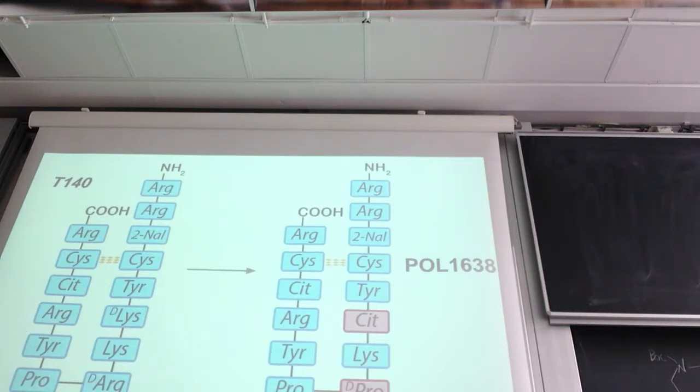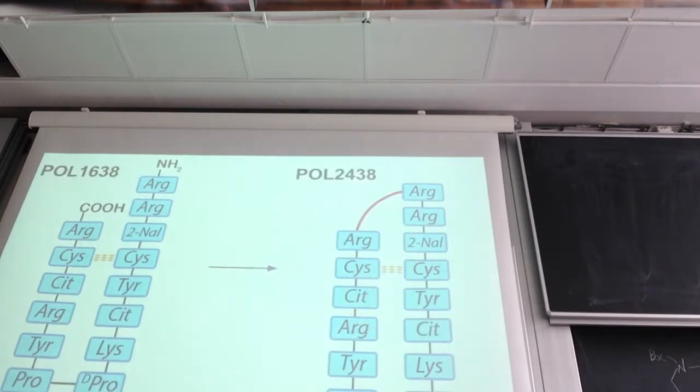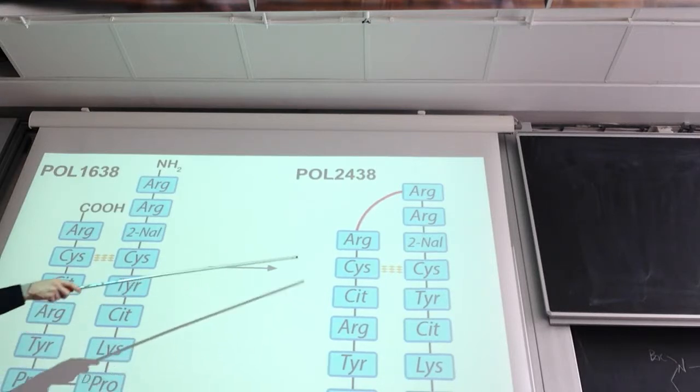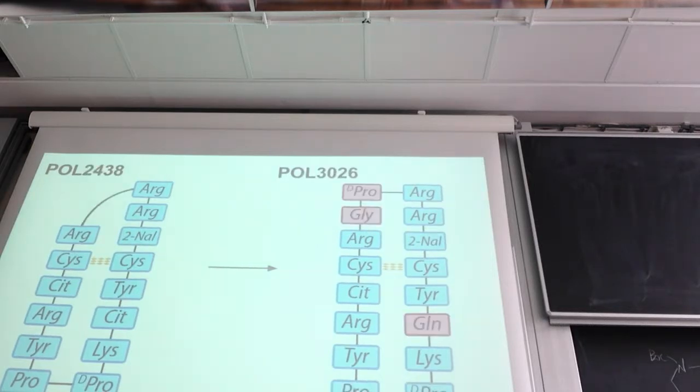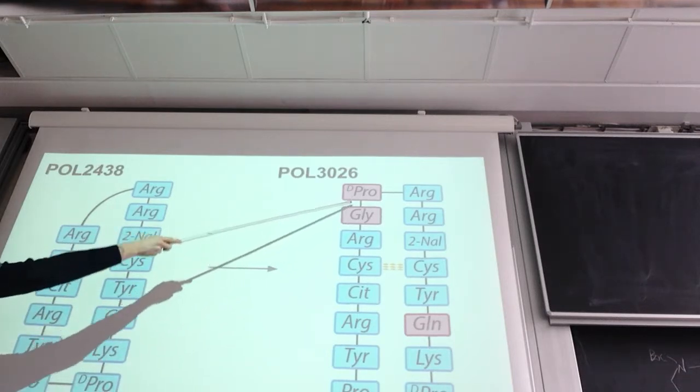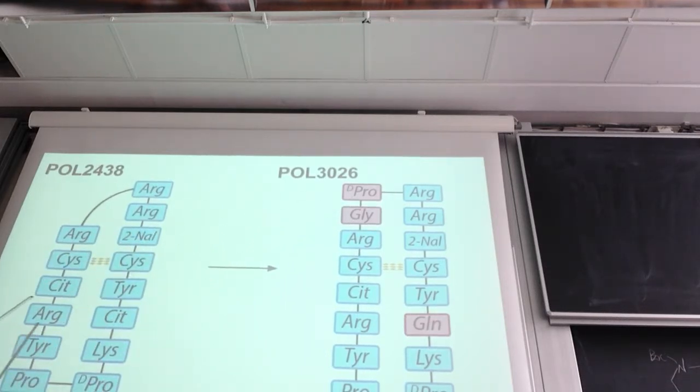And they used citrulline instead of lysine. Then they decided to cyclize the molecule to improve its stability. The next step was extending the number of amino acid residues. So you can see 2 additional amino acids and 1 replacement here.